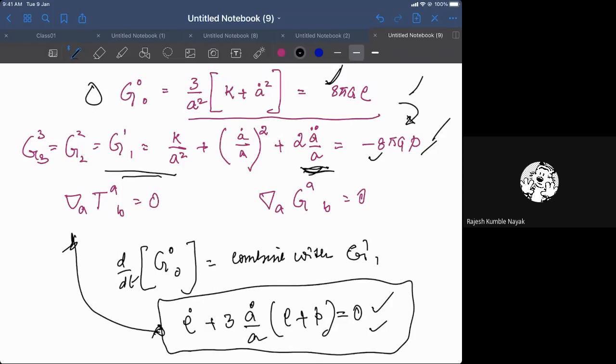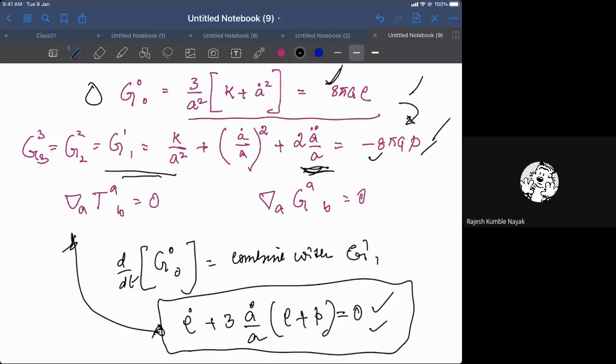Okay, so 5 minutes up. Any problems? Getting the equations for the derivative of the density connecting to the pressure and density. Any problems?